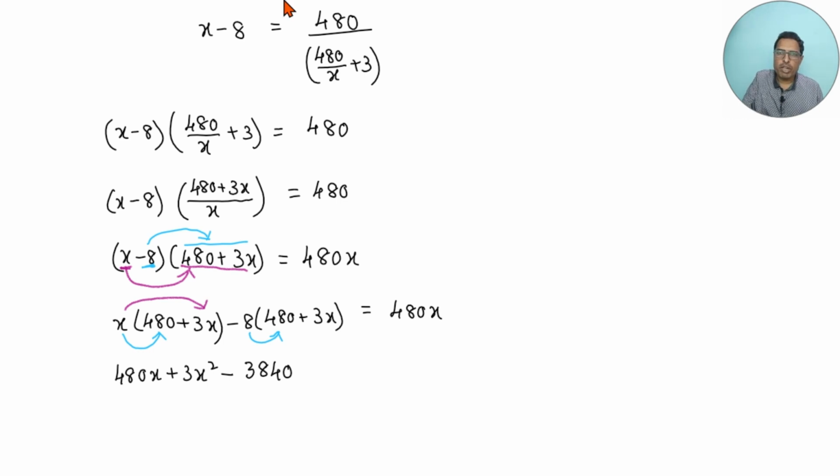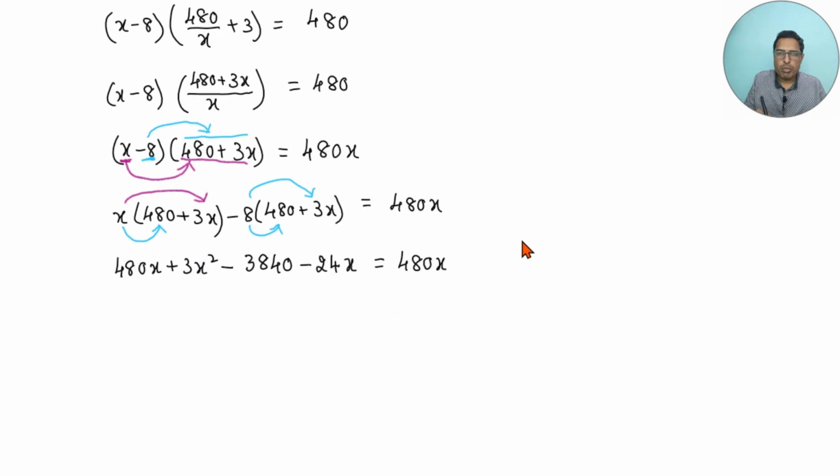Then further multiply this minus 8 with 3x. So minus into plus will be minus, and 8 3s are 24, times x, equals 480x. Now let me write down this 3x square as it is.